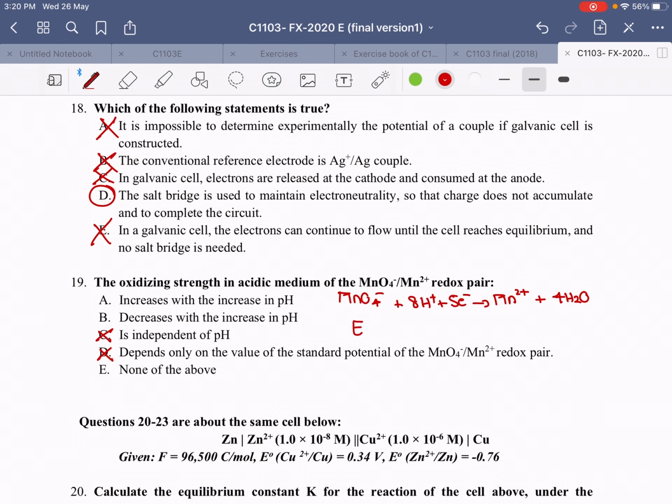So E, which describes the oxidizing or reducing strength of this couple, is equal to E0 minus 0.0592 divided by electrons اللي هني 5 log Mn2 plus divided by H plus power 8 MnO4 minus.